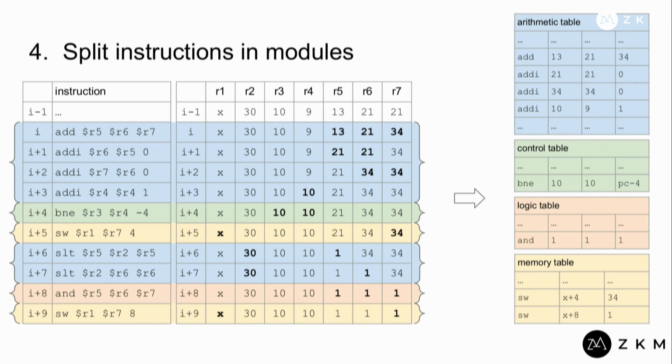Because different instructions have different constraints, we split the instructions by type into different modules, like the arithmetic module, CPU module, logic module, and memory module. Different modules have different constraints. Of course, we also need to make sure that the values they share, like different columns, are identical.